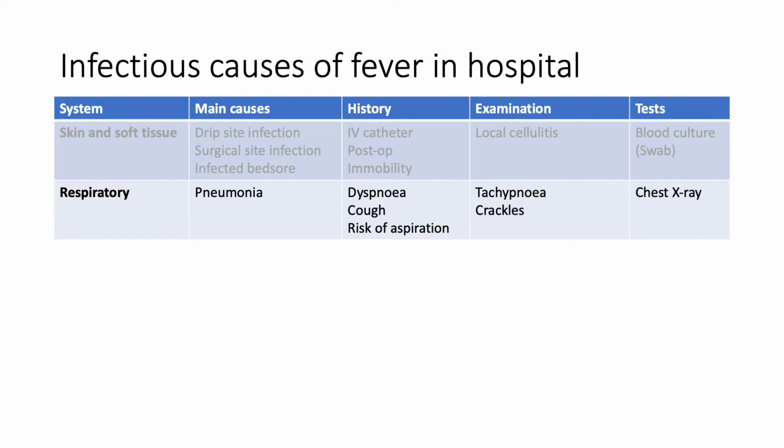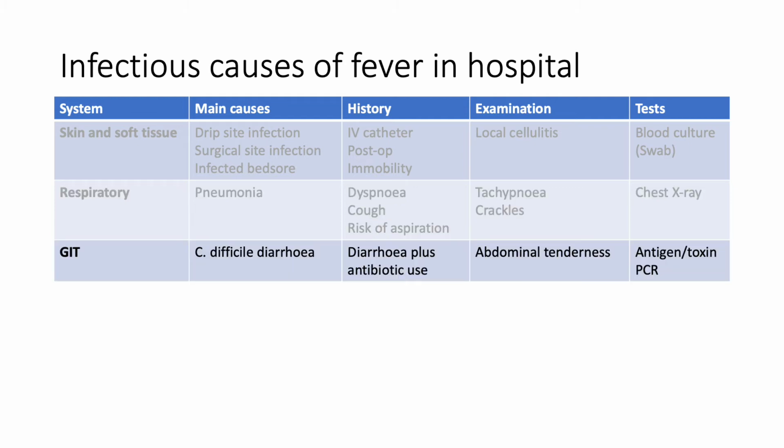On examination, also fairly straightforward, patients have an increased respiratory rate, so they're tachypneic, and on auscultation often have crepitations. And by far the most important investigation to perform in this setting is chest x-ray, which will reveal the presence of lung infiltration consolidation and will confirm the diagnosis of pneumonia in a compatible clinical setting. So a really important cause of fever in someone in hospital. As soon as a patient is breathing fast, consider pneumonia as a possibility.